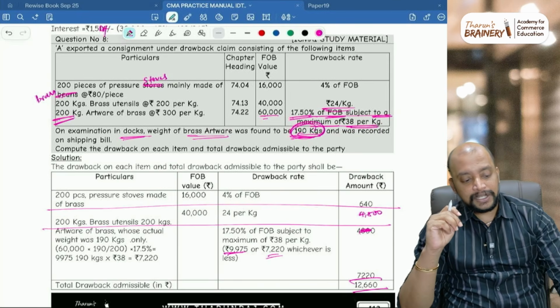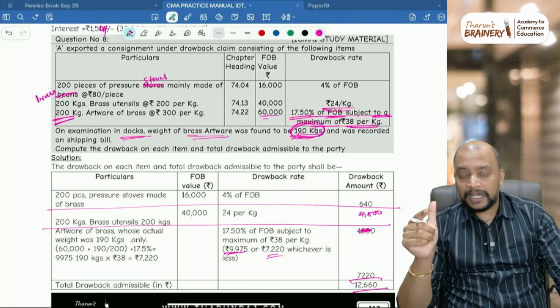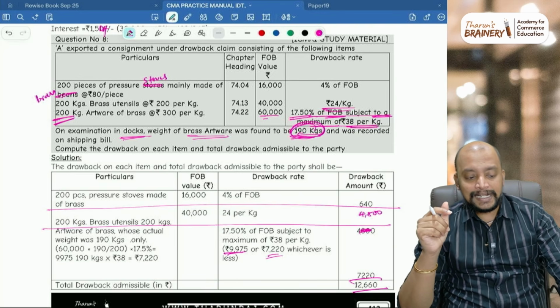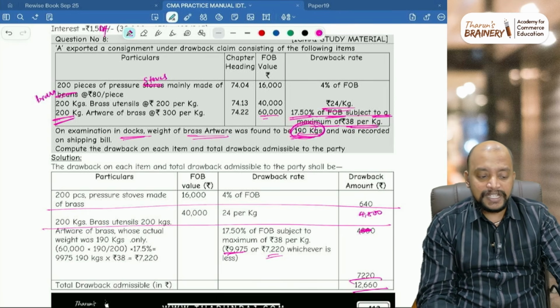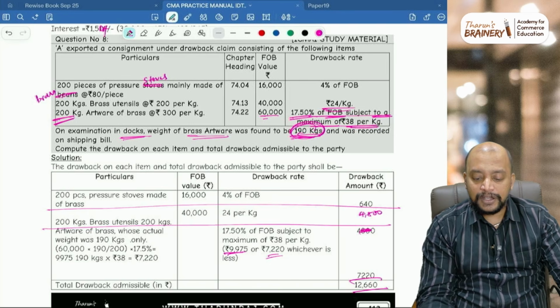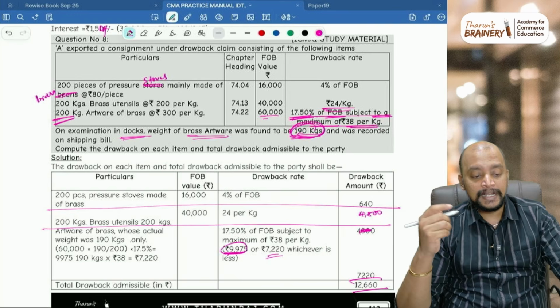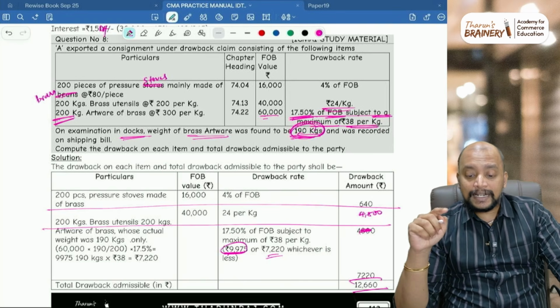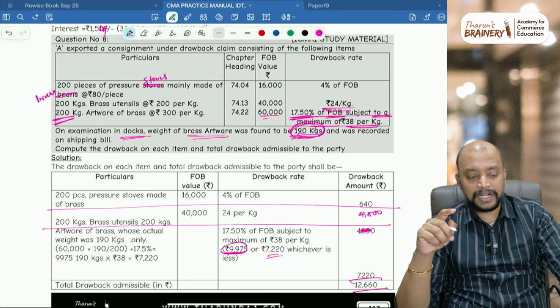So 60,000 divided by 200 is total into 190 kgs, that will be 57,000. That 57,000 into 17.5% will be 9,975. This is 17.5% of FOB. Then or 38 rupees per kg. How many kgs? 190 kgs into 38.